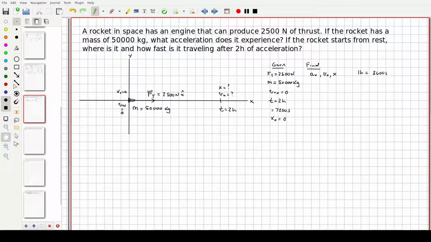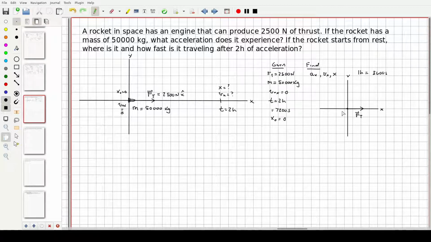The next thing you do is to draw a force diagram. In this case, we only have one force, and it's explicitly along the x direction. Here is our rocket right here, and the force goes this way. Now, in the previous problems, there was always a second force to balance things out, or possibly even a third, like for example with the previous tension problem.